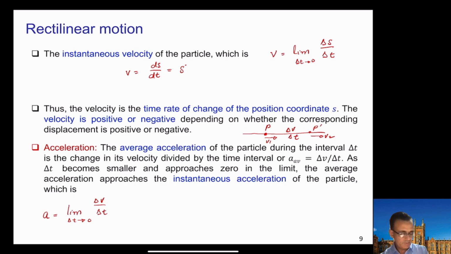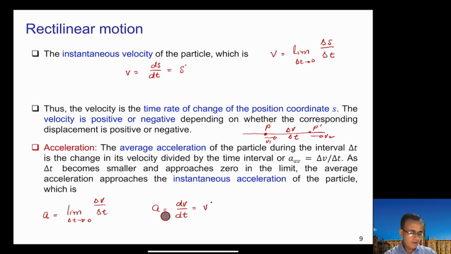This equation becomes a simple derivative, so it's dv by dt. Similar to ds by dt being s dot, dv by dt will be v dot.